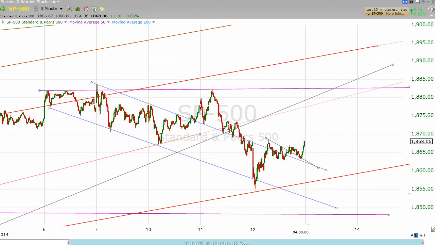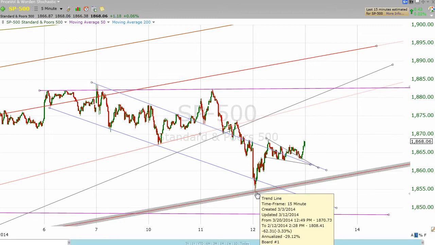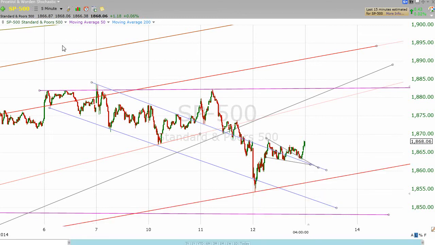A couple different ways we could draw this. But the way it looks to me is we rebounded off this bottom line, came back, got over the top of this steeply descending resistance line right here. You could see, boom, 1, 2, 3, 4.